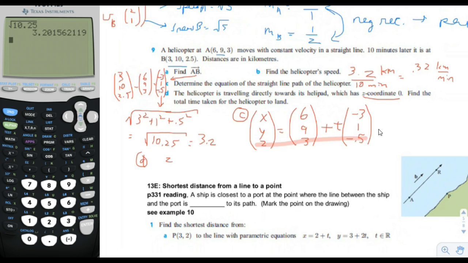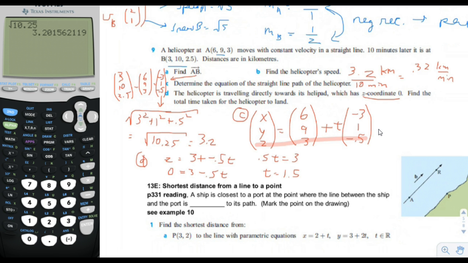So we have Z equals 3 plus negative 0.5t. If Z is 0, then 3 minus 0.5t equals 0, so 0.5t equals 3, so t equals 1.5.